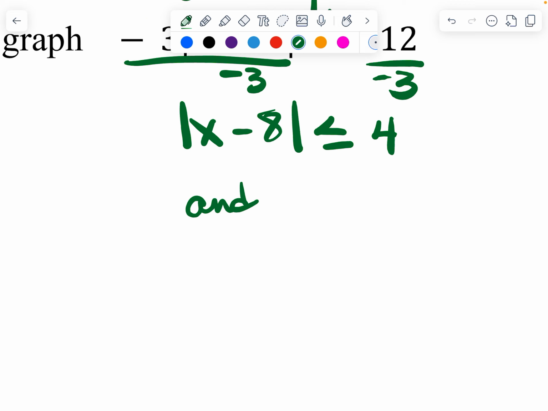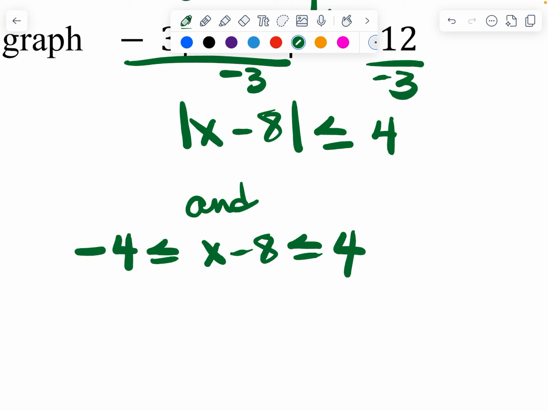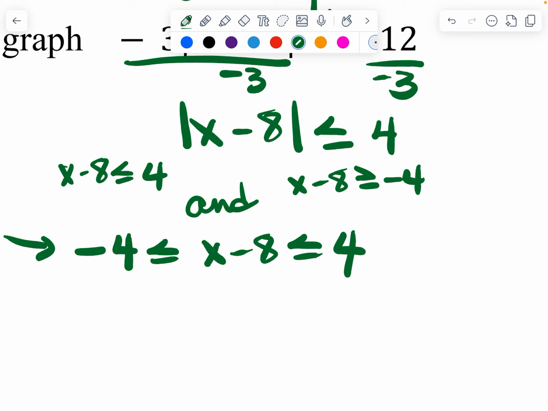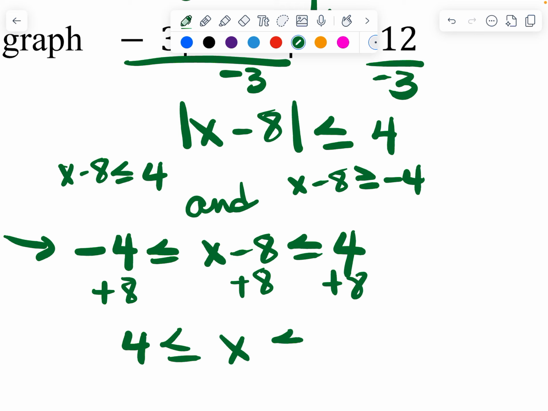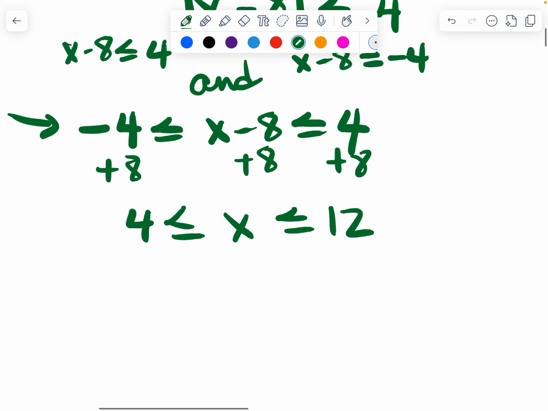And when you write an and statement, you can just take the negative and put it over here, or you could have written it as x minus 8 is less than or equal to 4, x minus 8 is greater than or equal to negative 4. I prefer this way, but it doesn't matter. I add 8, add 8, add 8. I get 4 is less than or equal to x, which is less than or equal to 12.